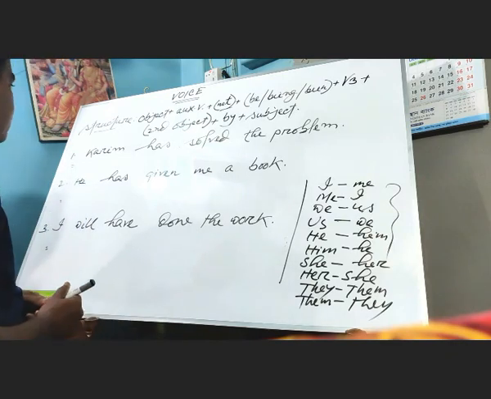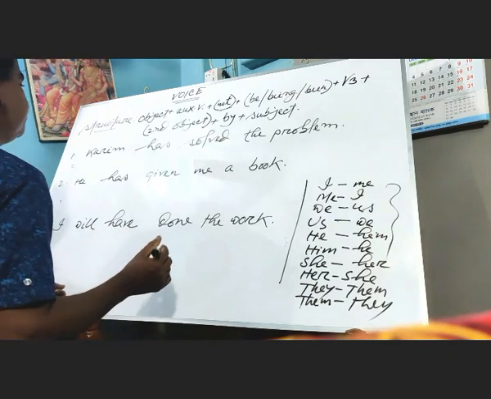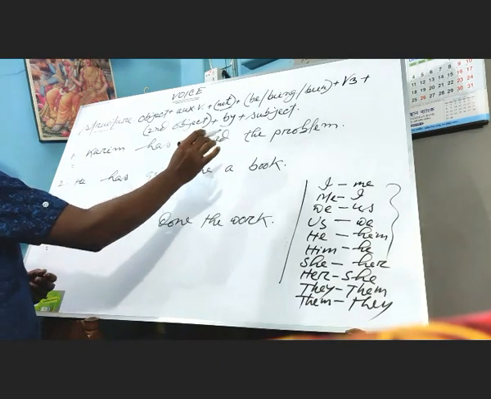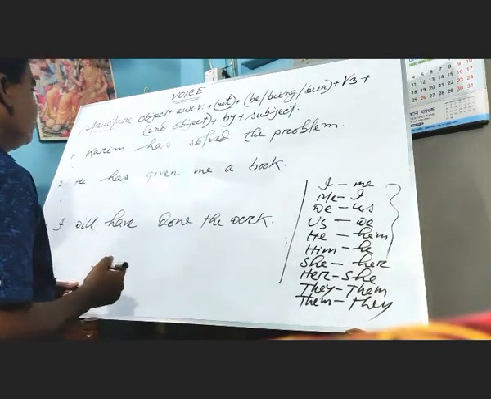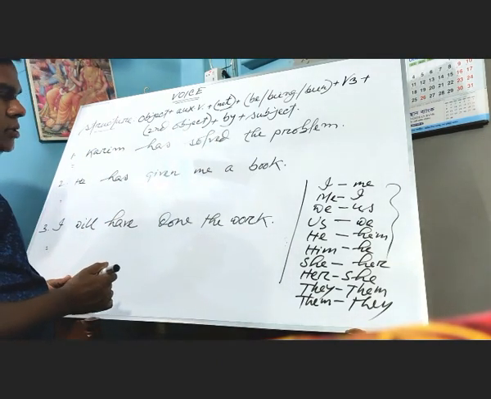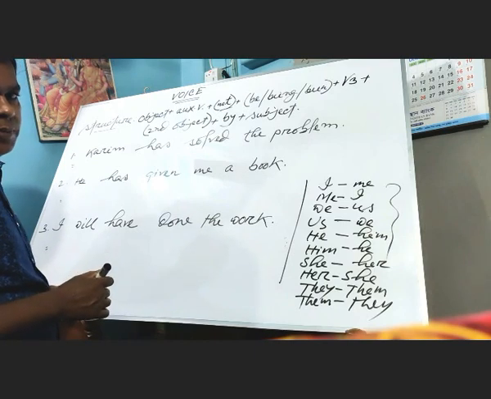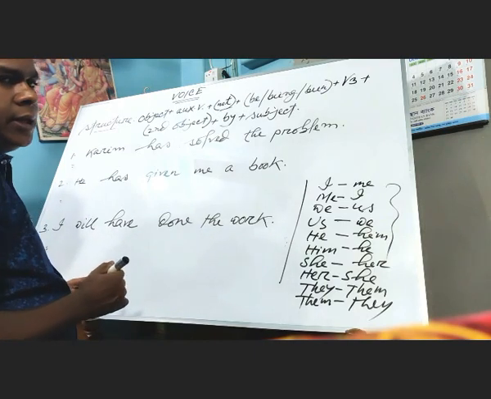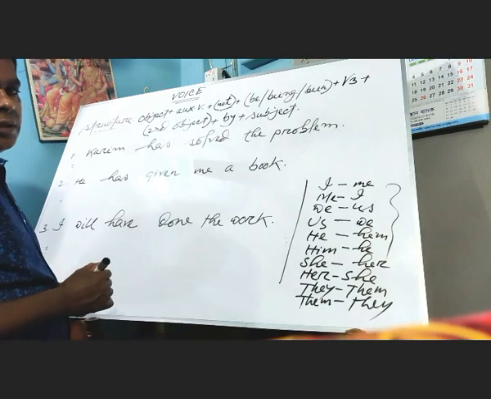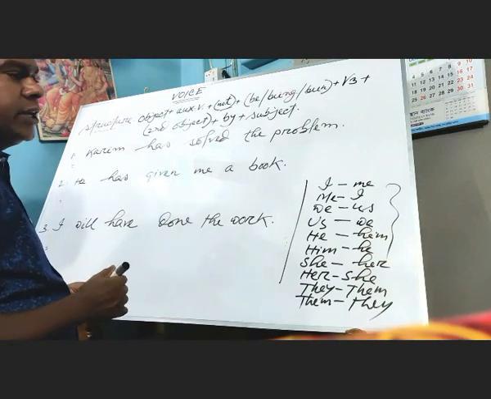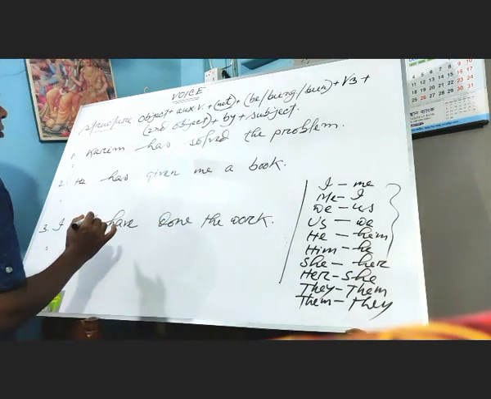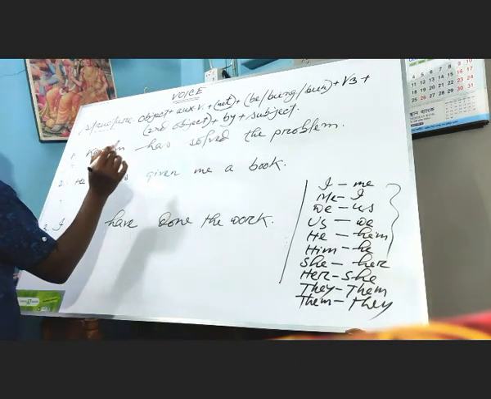Okay. Now try to change. Karim has solved the problem. So the first activity is to change the object of the active voice. What is the object here? Again you will say, sir, the object is the problem. So now we will write the object, the problem.